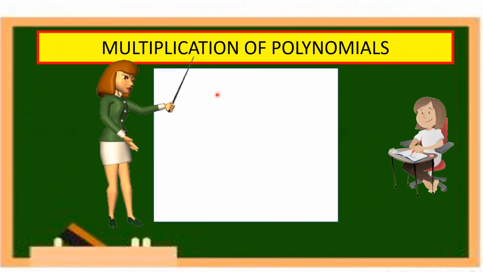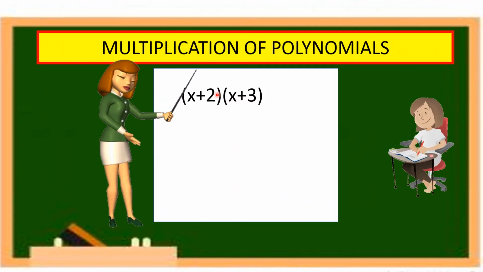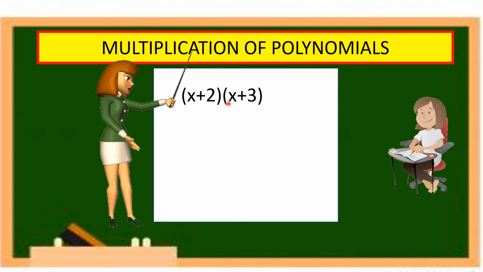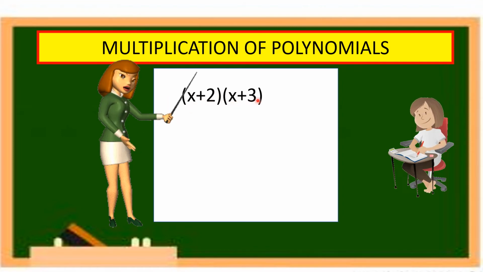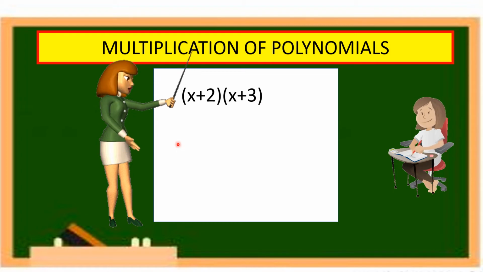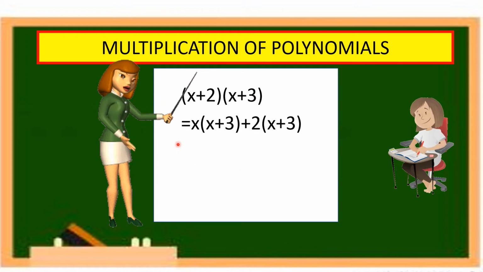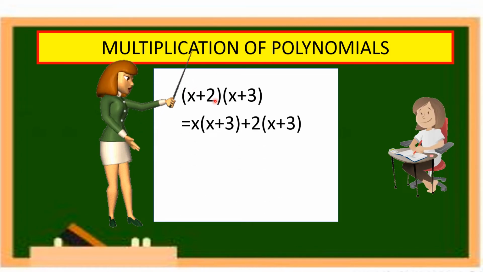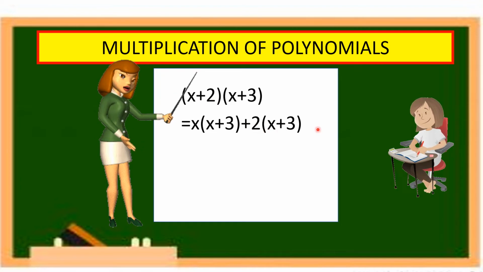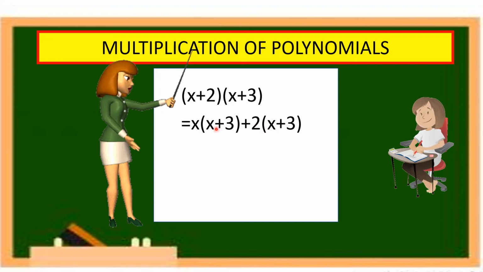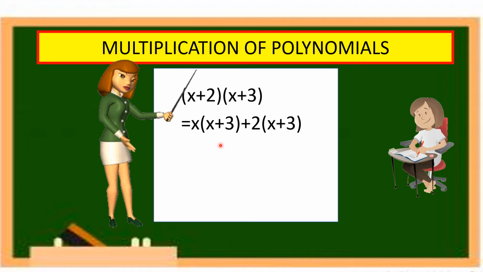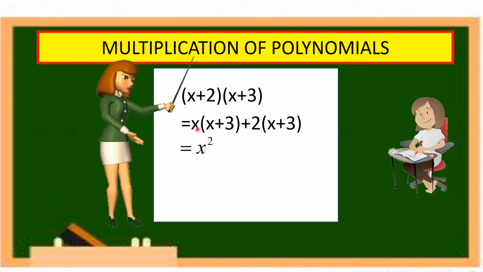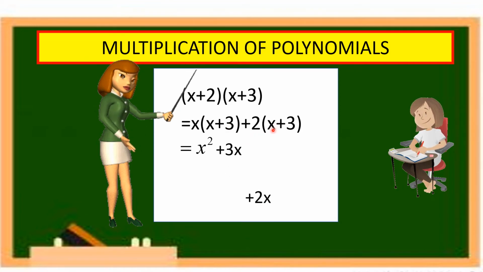Now, multiplication of polynomials. The quantity of x plus 2 times the quantity of x plus 3. First we multiply x by x plus 3. Then we multiply 2 by x plus 3. Then we use the distributive property. x times x is x squared. x times 3 is 3x. 2 times x is 2x.